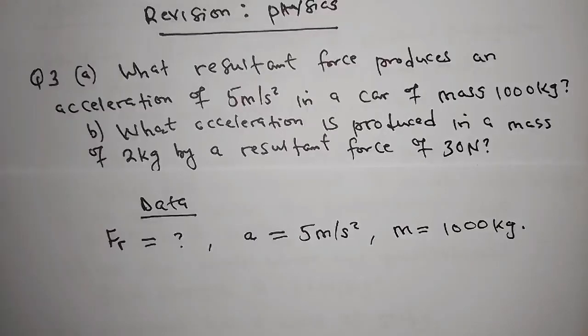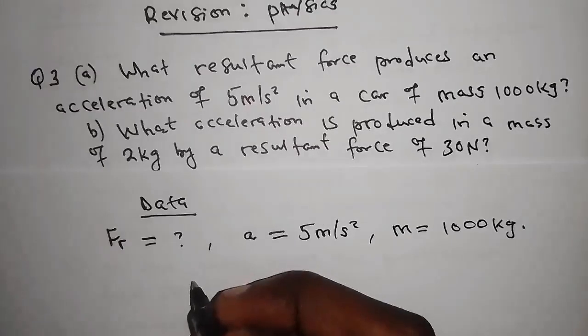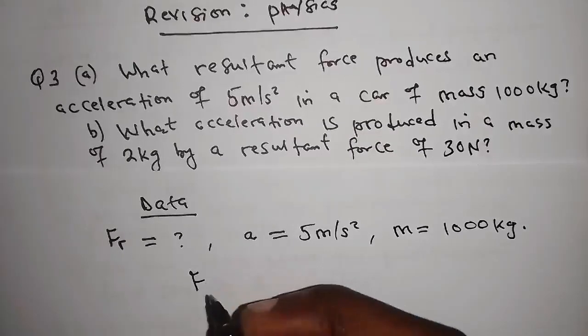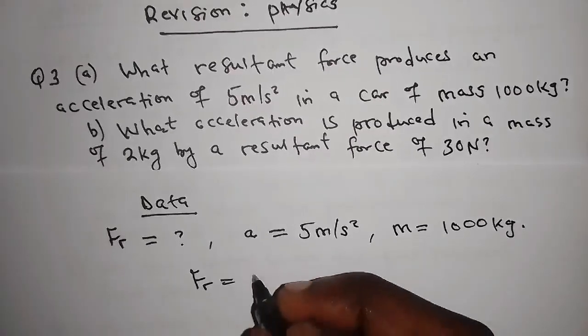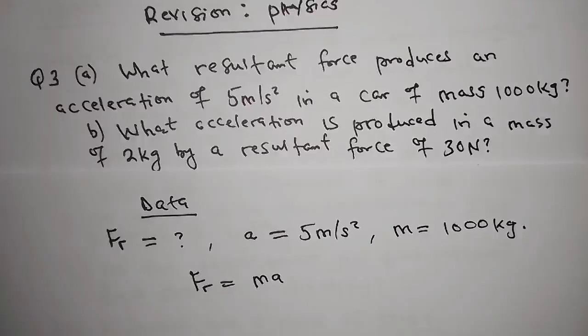Now we know that the formula for finding the force produced on an object is F equals mass times acceleration.